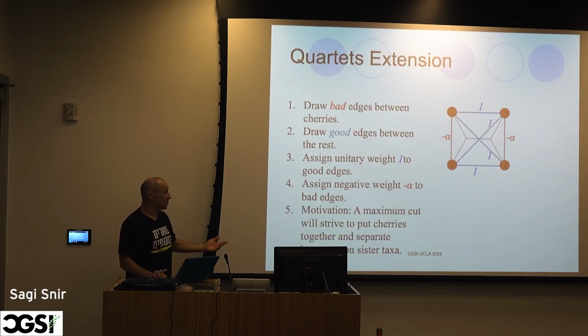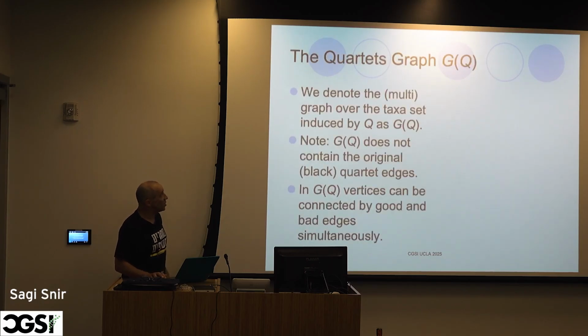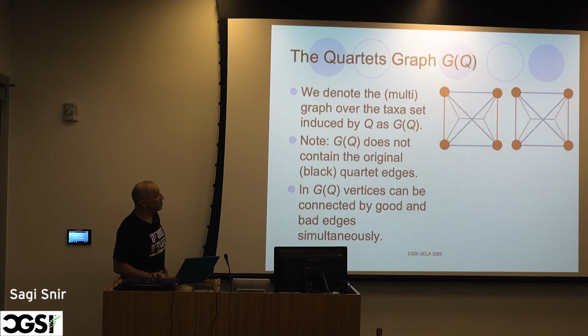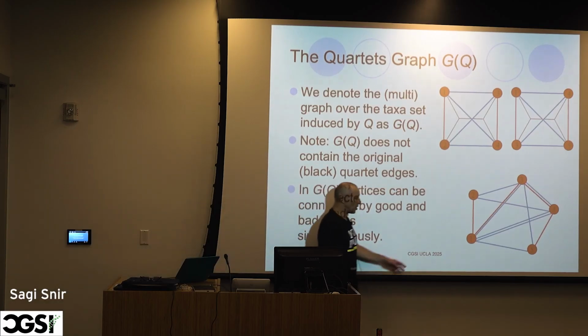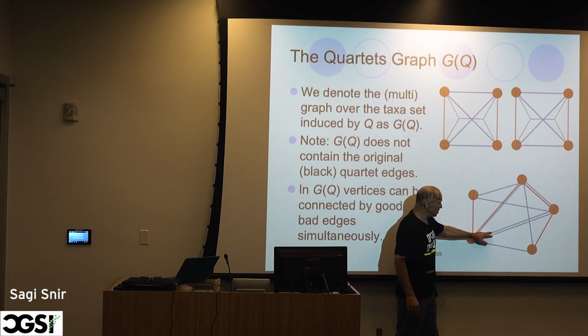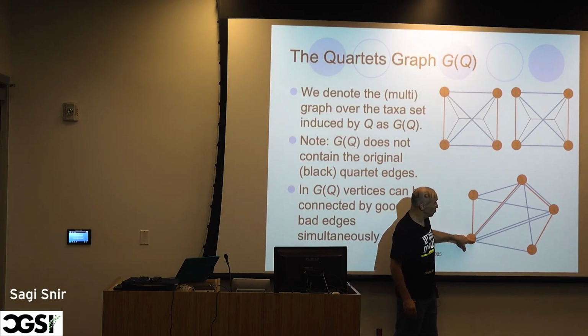The motivation is, like I told you, we will strive to put cherries together and separate between non-sister taxa. Now this is the quartet graph, that multi-graph here. Again, multi-graph, you see more than one edge connecting two vertices.